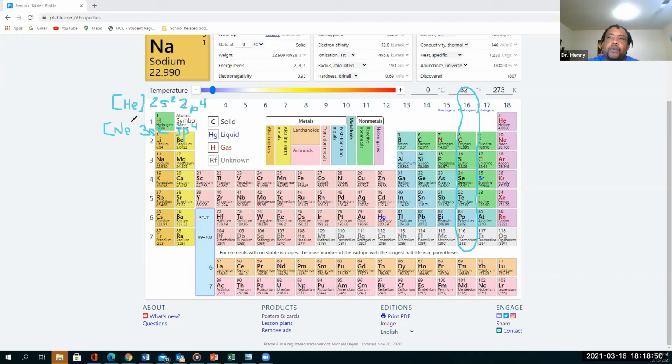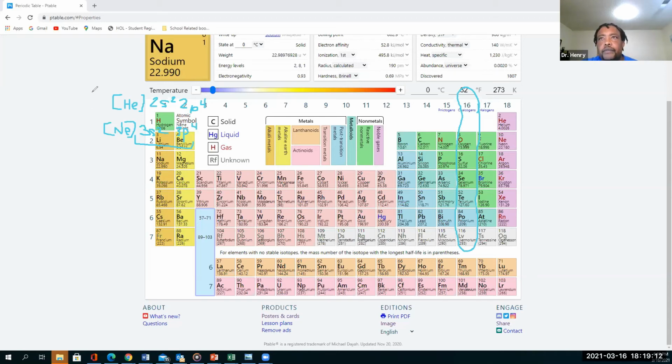Okay. As we went on to the next one, the key thing is this here represents our valence electrons. The next one would be selenium, after sulfur.